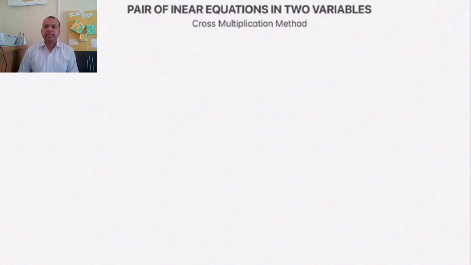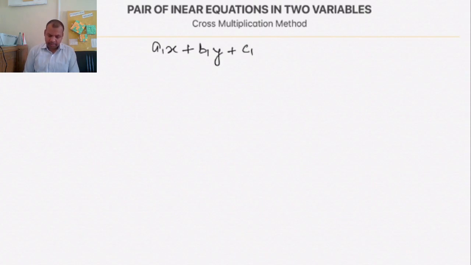Let us now see how we can solve any pair of linear equations in two variables which are of the form a1x plus b1y plus c1 is equal to 0 and a2x plus b2y plus c2 is equal to 0.